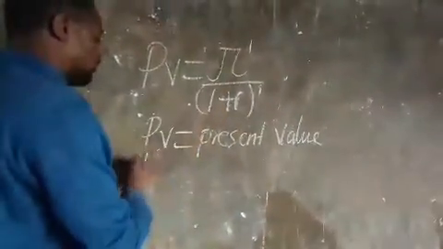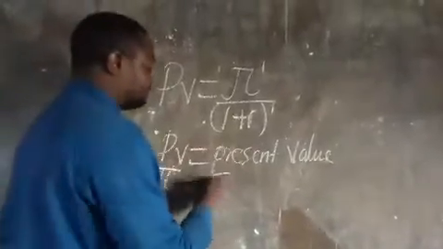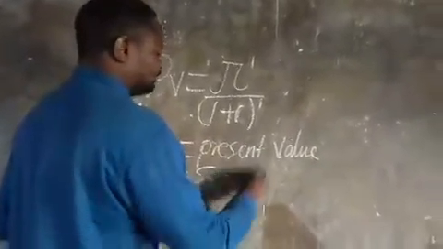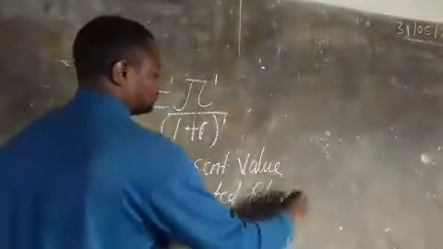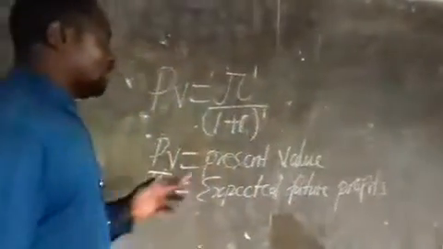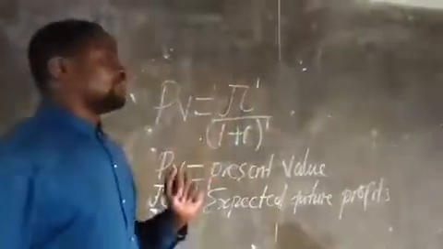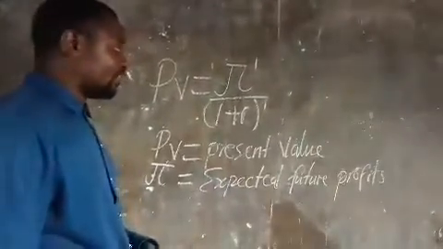What does π stand for? π stands for expected future profits. Now, beneath π, we have this formula for discount, 1 plus r.